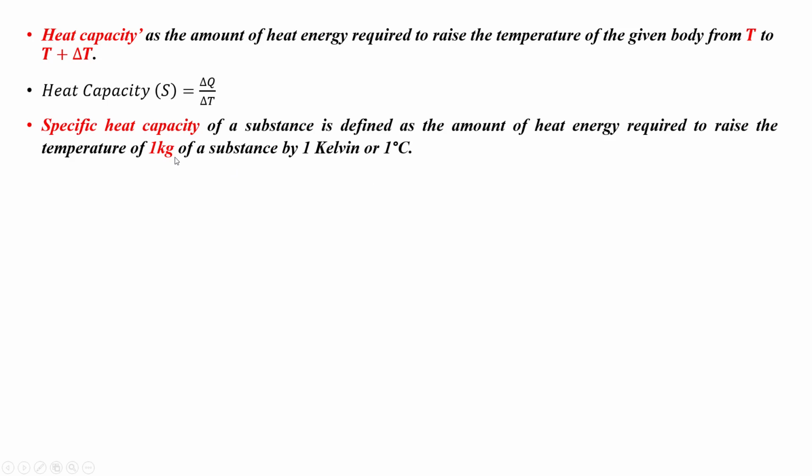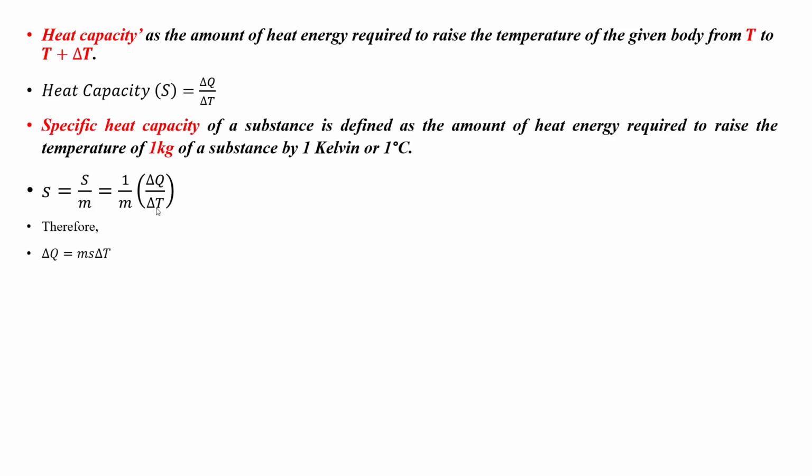When the mass is specified, like 1 kg, then we call this heat capacity specific heat capacity. It is given as heat capacity over mass of the substance. And by putting the value of heat capacity, we will get the final formula as change in heat over mass and change in temperature.